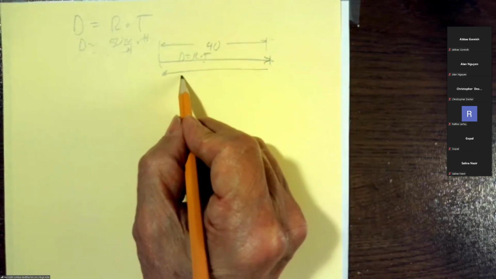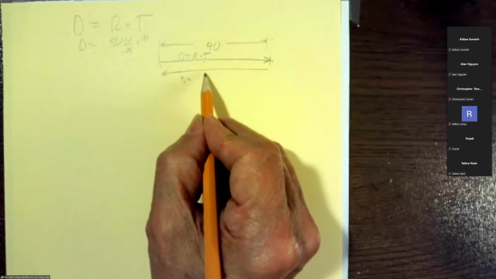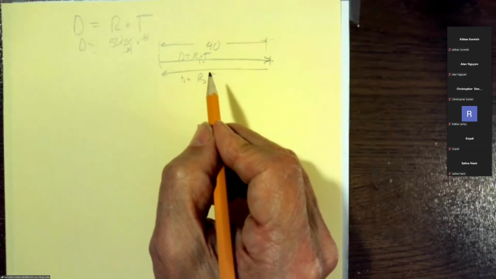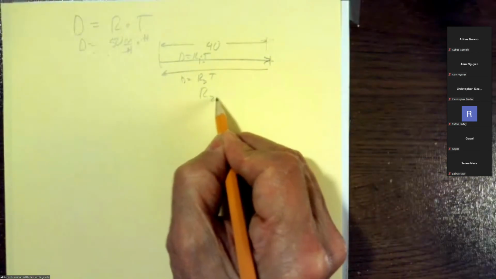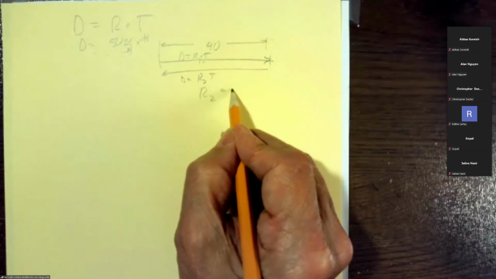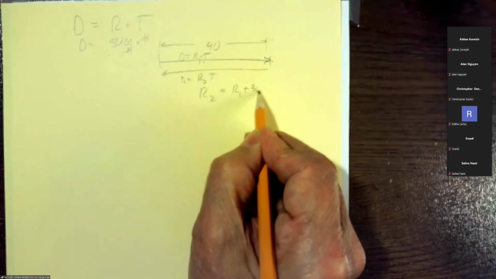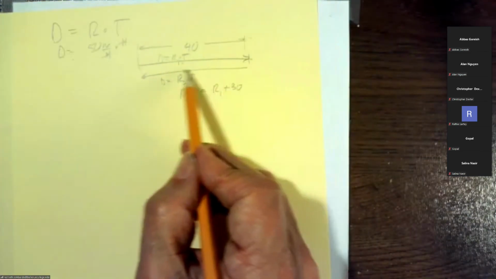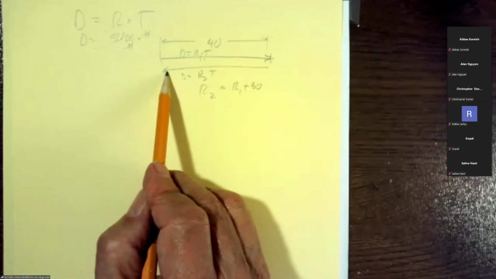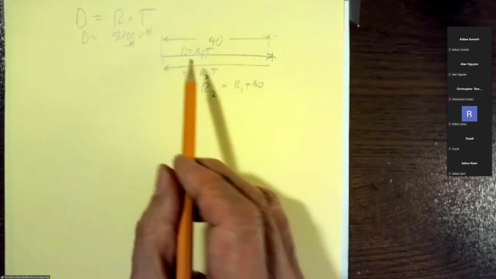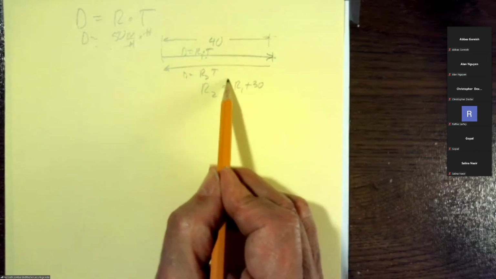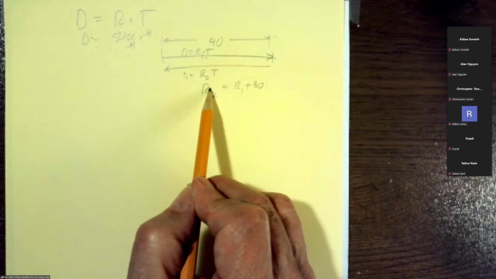And on the return trip, distance equals rate, so that's rate 1, and let's call this rate 2, times time. And let's say that rate 2 is rate 1 but 30 miles per hour faster. For some reason, you're able to go faster on the return trip. Maybe it's downhill, maybe you're on your bike, or whatever the issue is. But you're able to return at a faster rate.